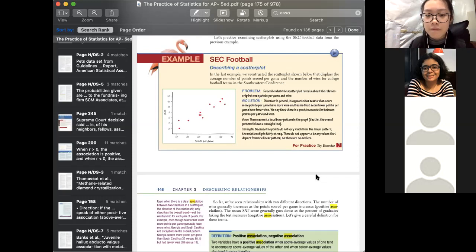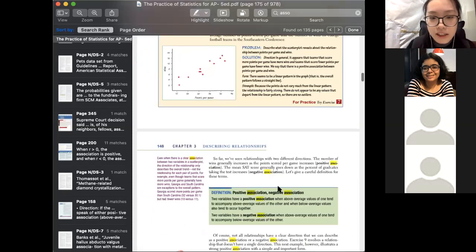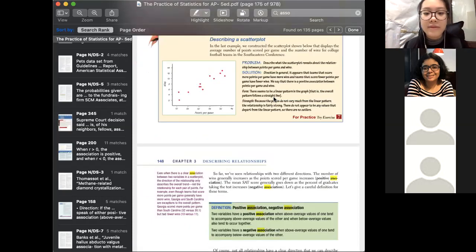And something about the linear: how to describe that is you first describe whether it's positive or negative, then you say it's a linear association, and then you state whether it's strong or not strong.